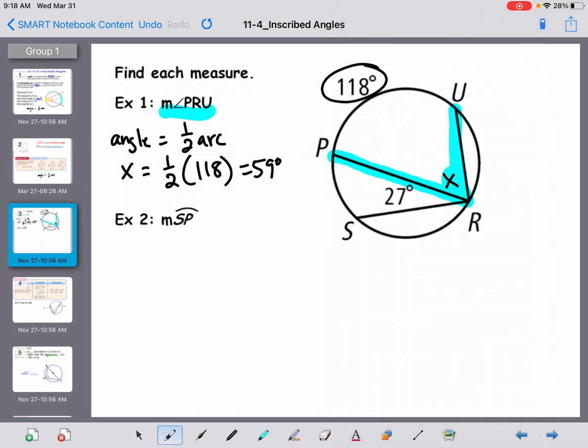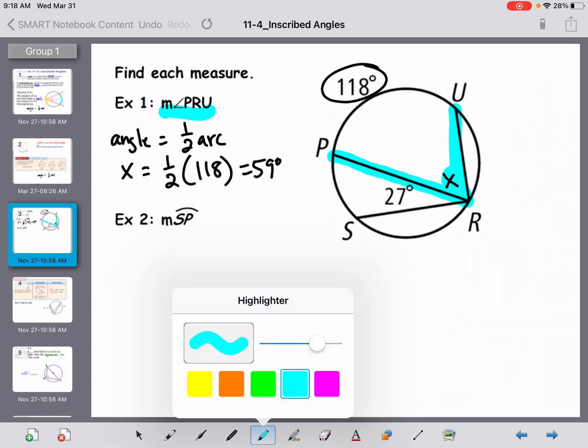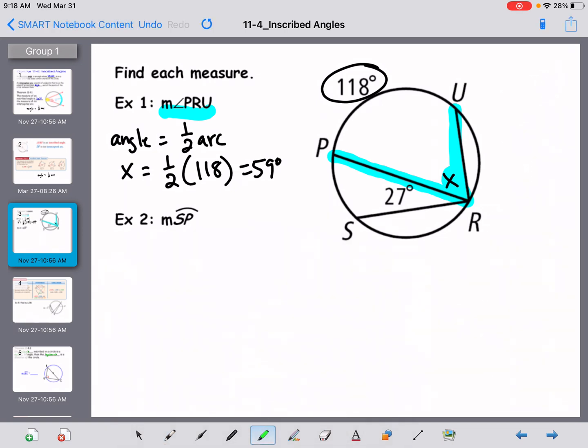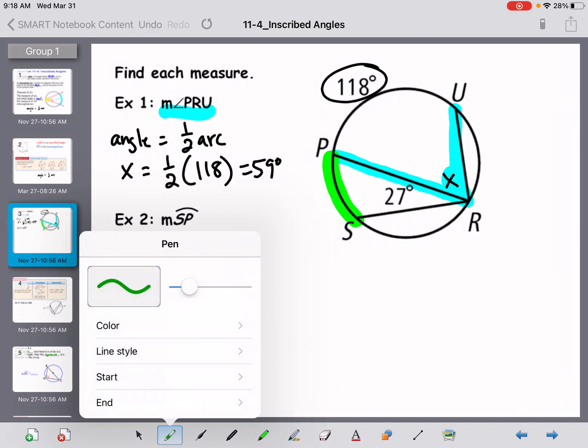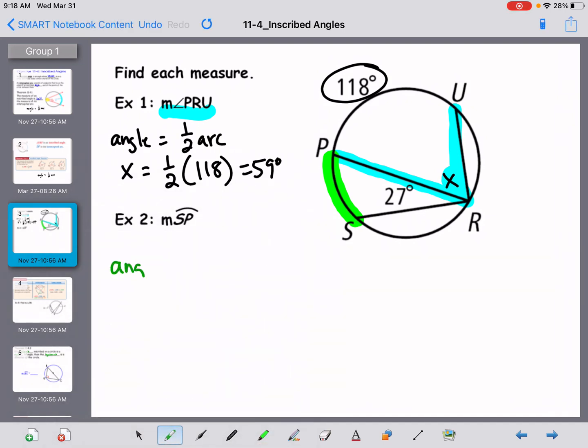All right. The next problem says, what is the measurement of SP? So I'm looking for arc SP. I'm still going to use my formula. The angle equals half of the arc. In this problem, I know what the angle is, so I would write 27 degrees equals half of the arc.